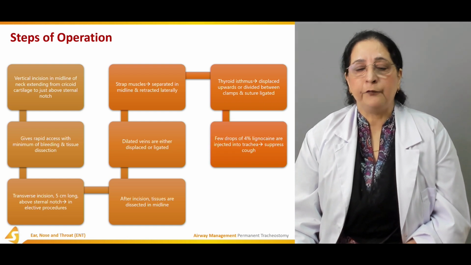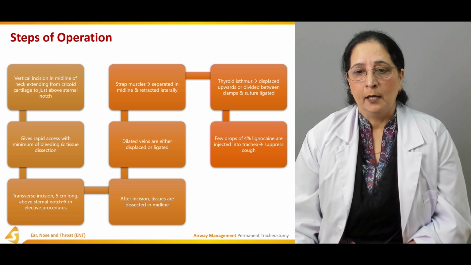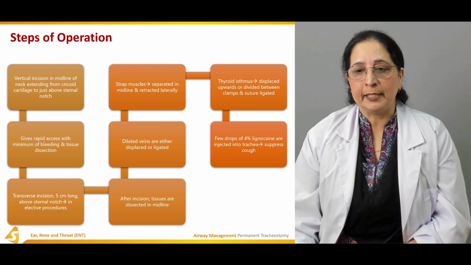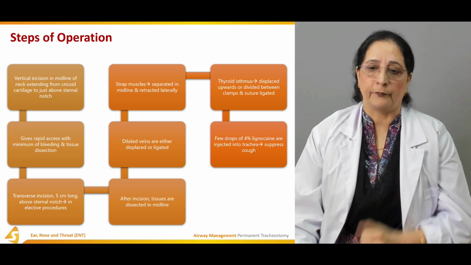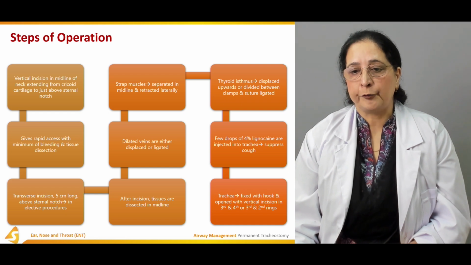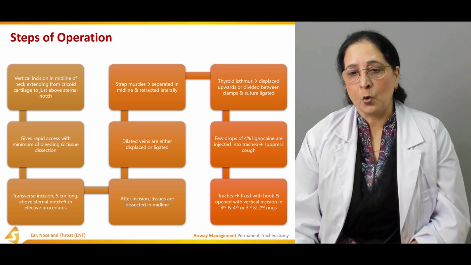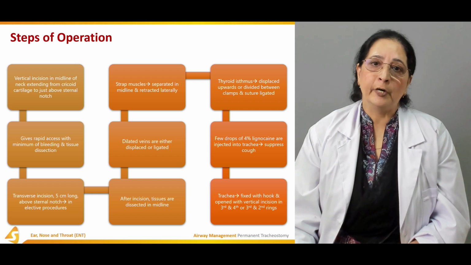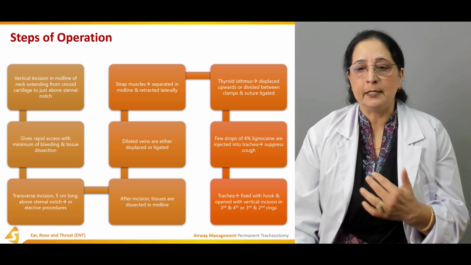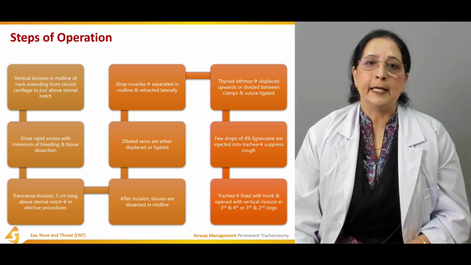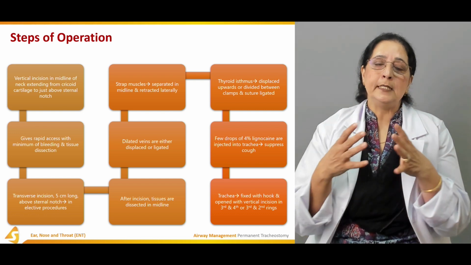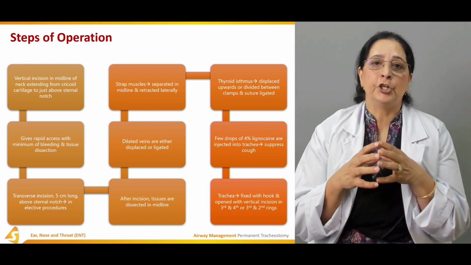A few drops of 4% lidocaine are injected into the trachea, which suppresses the cough. Then the trachea is fixed with a hook and opened with a vertical incision in the third and fourth or third and second ring. So all these are the steps of the procedure.